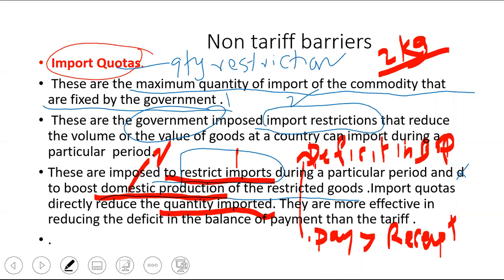Please understand. So when government is restricting the import, there may be balance of payment not in equilibrium, because here government का quota है commodity के ऊपर. उसके अनुसार क्या होता है? First, it is reducing the import. Second is, it is giving a boost to domestic.